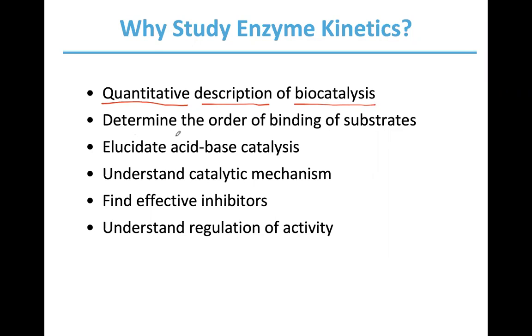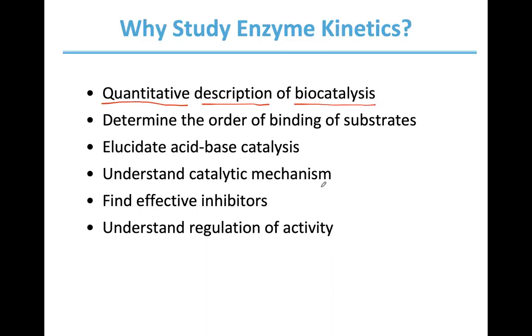So we'll talk about the order of binding of the substrates. If there are more than one substrate, we'll talk about acid-base catalysis. That's also part of the kinetics. Kinetics will help us understand the catalytic mechanism, right? So specifically, so far we've talked about mechanism in general, but kinetics will actually allow us to validate these proposals, right?